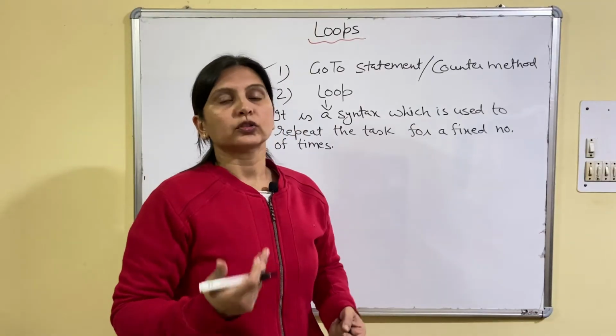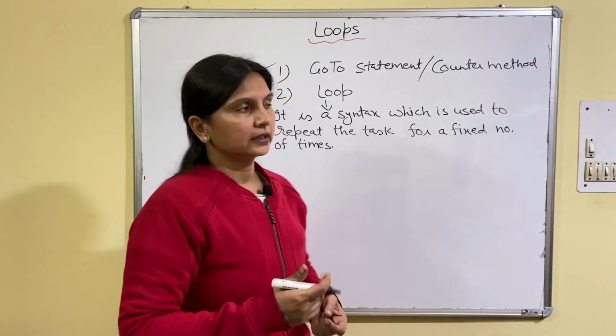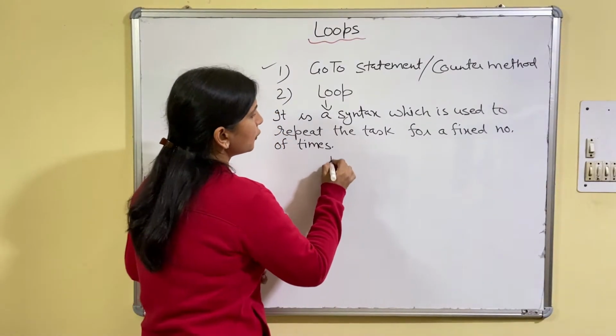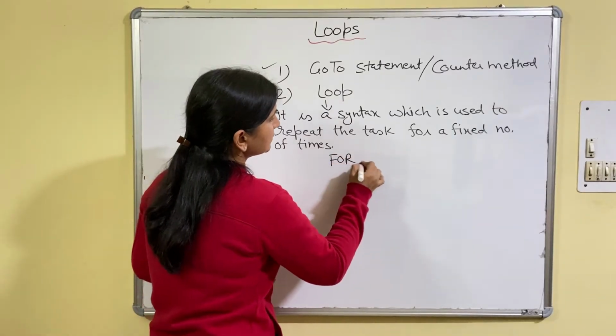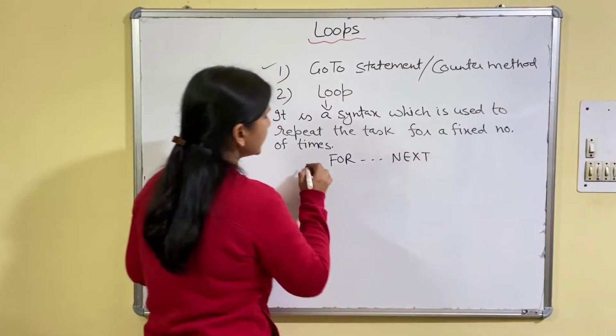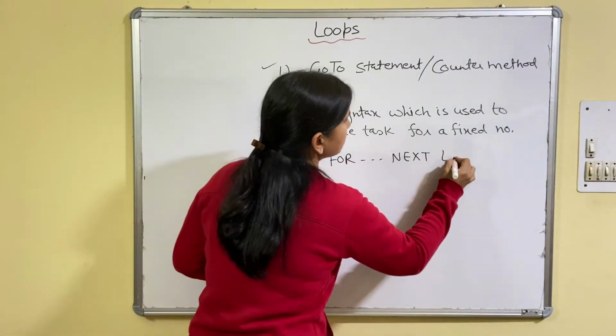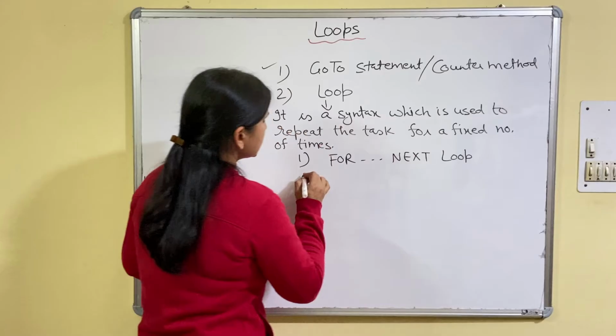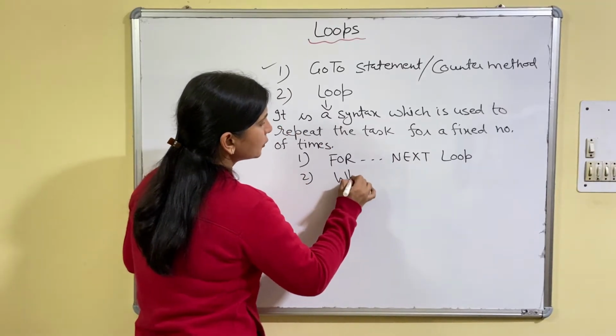Now, three types of loops are there. First is the for next loop. Second is the while wend loop.